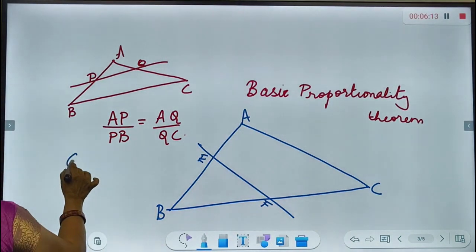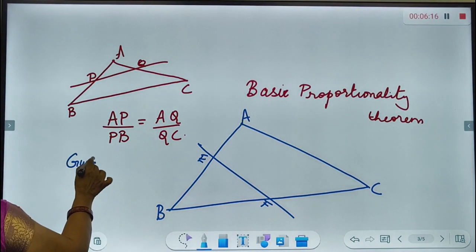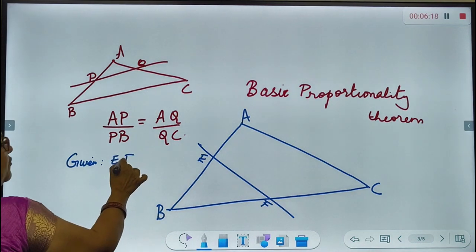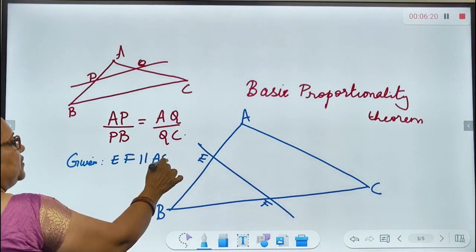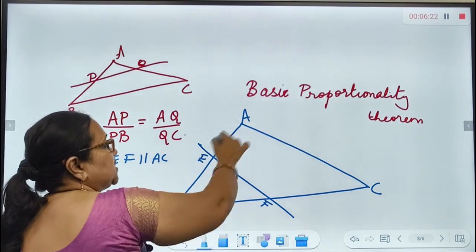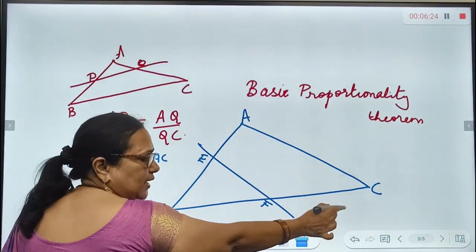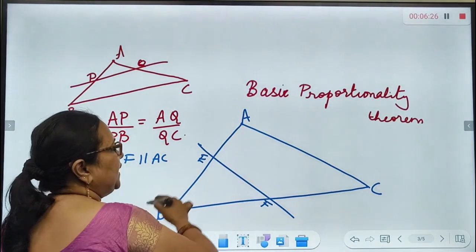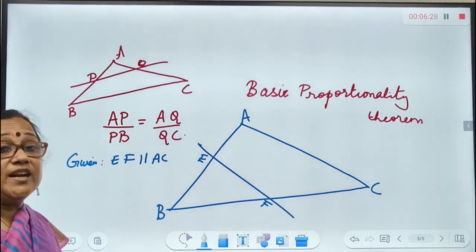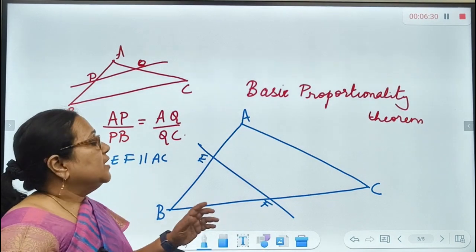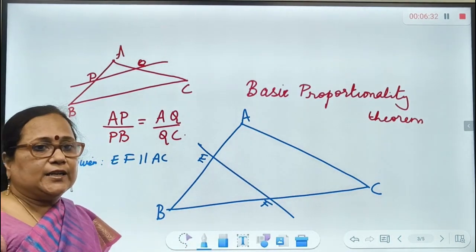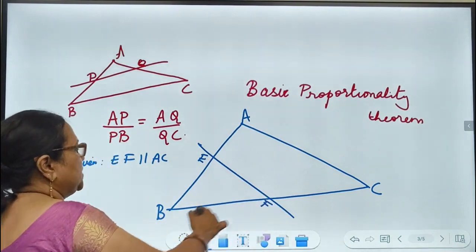So now what is given? EF is parallel to AC. Now E and F will intersect the other two sides. It's parallel to AC. It intersects BA and BC at distinct points E and F. According to the basic proportionality theorem, this ratio will be the same.